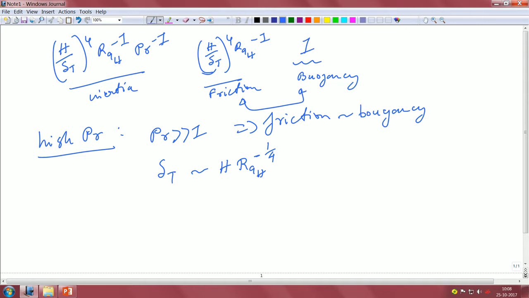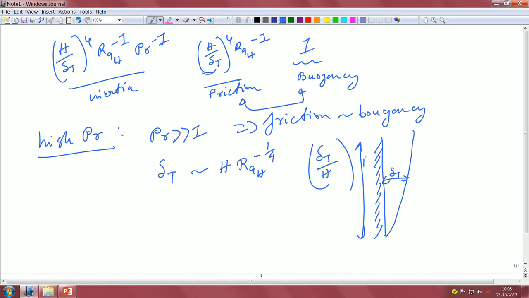Delta by h, in other words, is nothing but some kind of a slenderness ratio. If you recall, if this was your boundary layer, this is the plate, correct. This is your delta t, and delta t by h is basically nothing but the slenderness ratio.